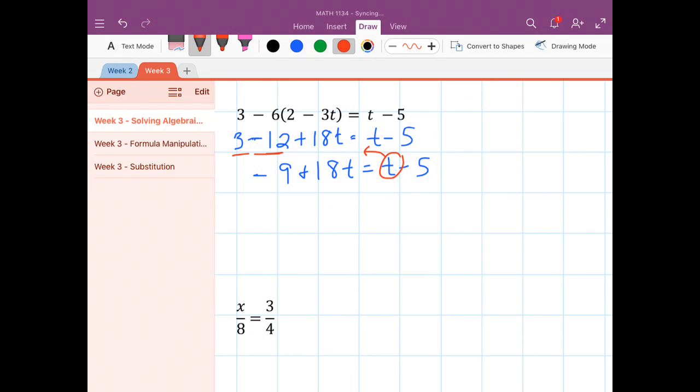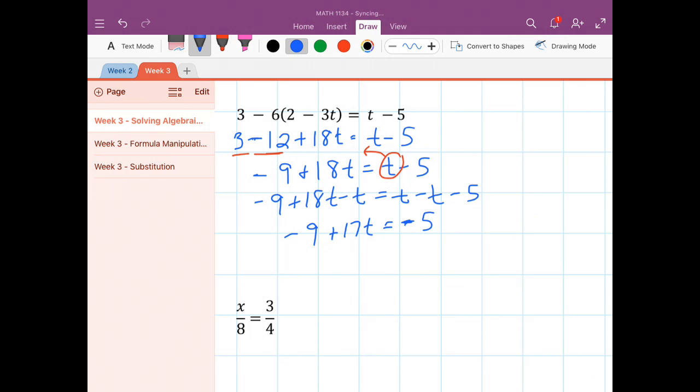To get rid of a plus t, you have to subtract t. So I'm going to subtract t from both sides. And that leaves me with negative 9 plus 17t and negative 5. Don't forget that negative there.